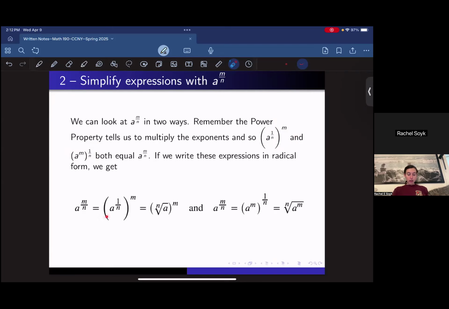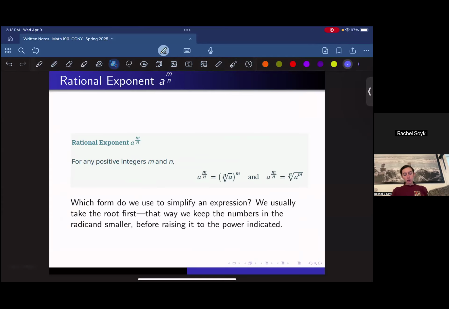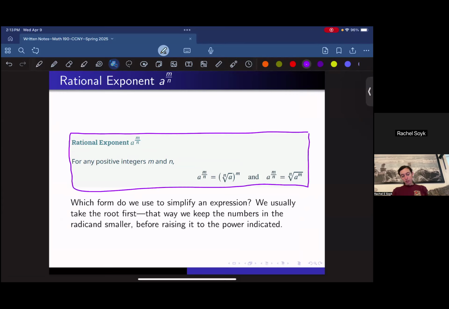Our a to the 1 over n raised to the m is the same as the nth root of a raised to the m, or our a to the m raised to the 1 over n is the same as, once again, our nth root of a to the m, where our m is inside the root, not being raised by the entire root. And this is just our formal definition of these different forms of our rational exponents dealing with a to the m over n.